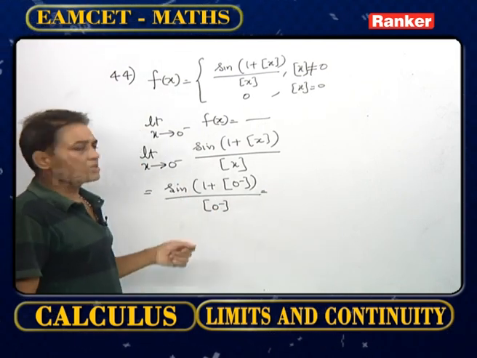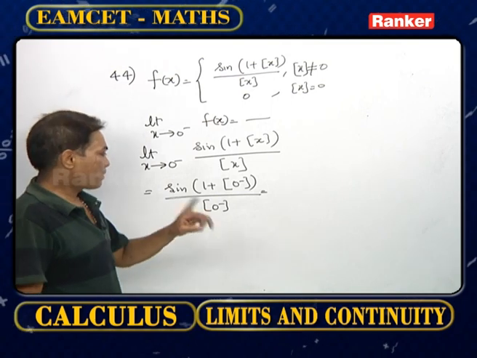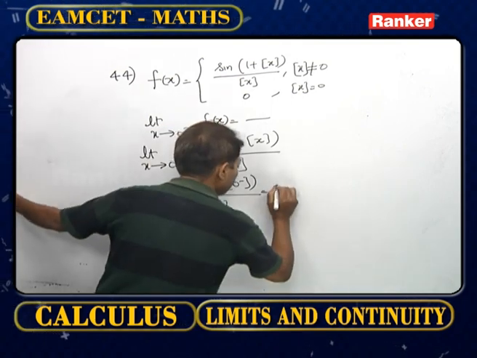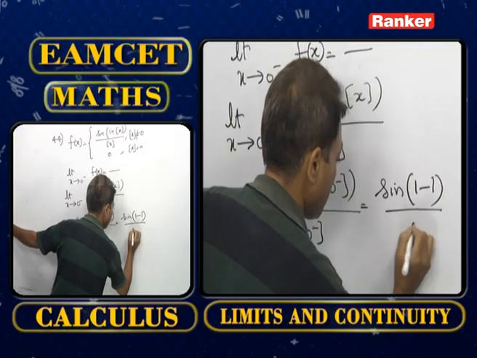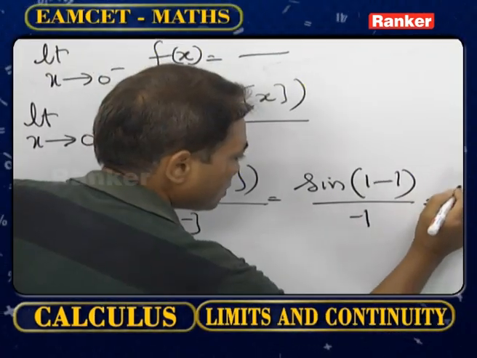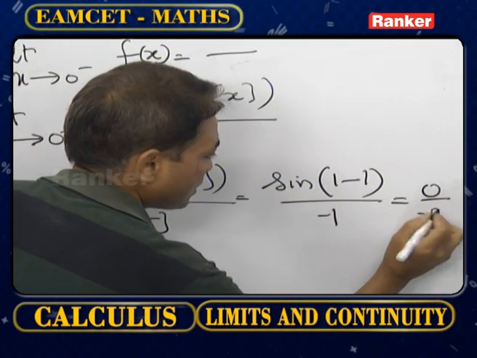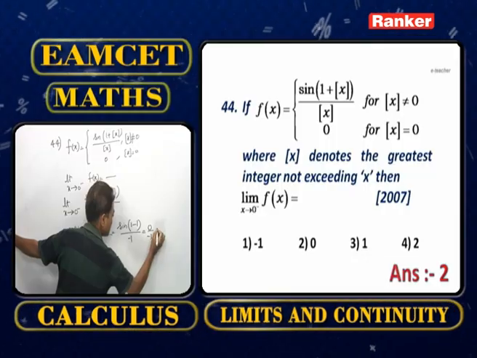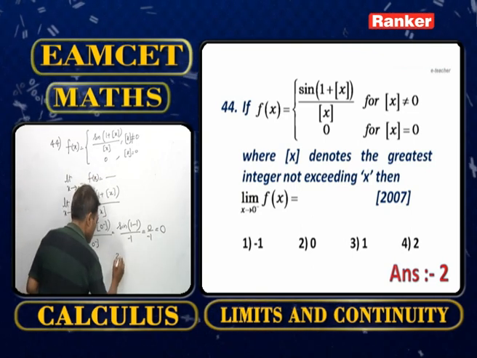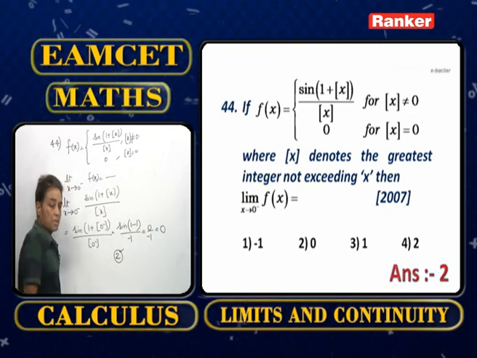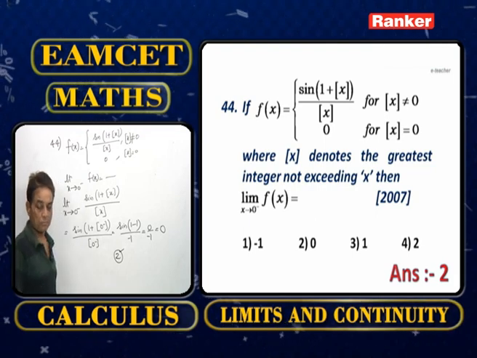So just less than 0, from minus 1 to 0, floor is minus 1. So what is your final answer? Sine of 1 minus 1 by minus 1. So sine 0 by minus 1 results as 0 only. So option number 2, the second option is the right answer.